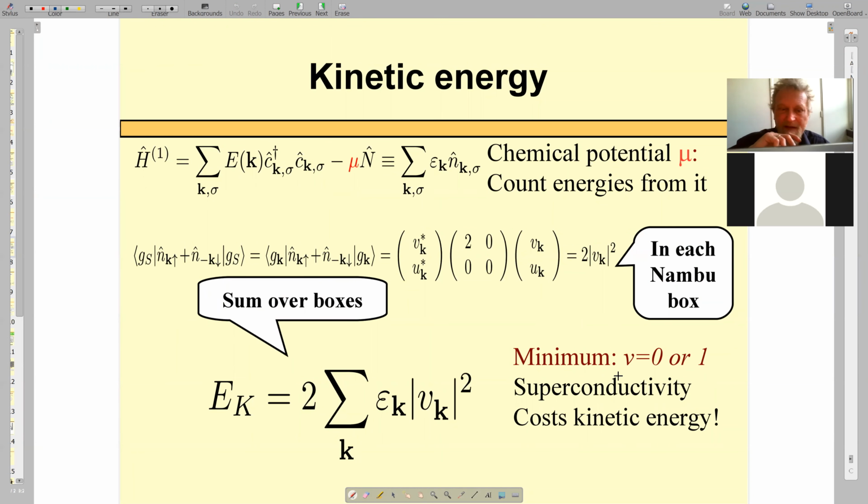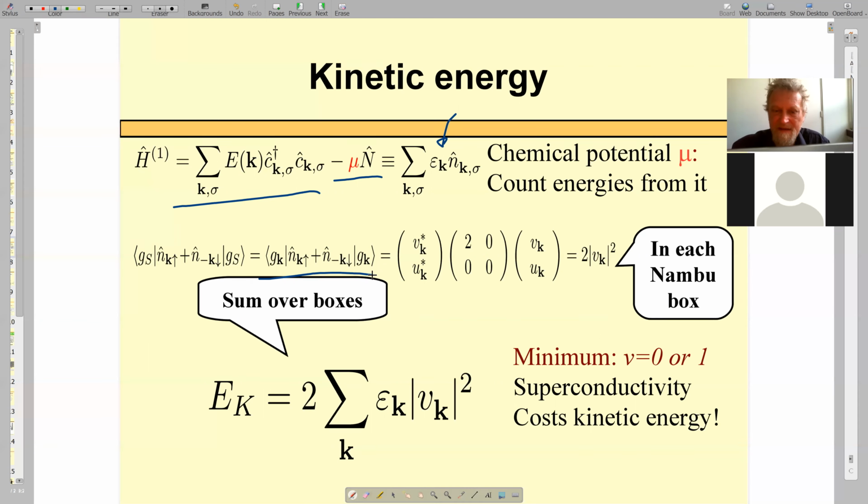Good. Then let us get to the energy. We need the kinetic energy. Here it is. I will count energy from the chemical potential, so these small epsilon_k are energies counted from the chemical potential. Right. Now I have to deal with this operator.